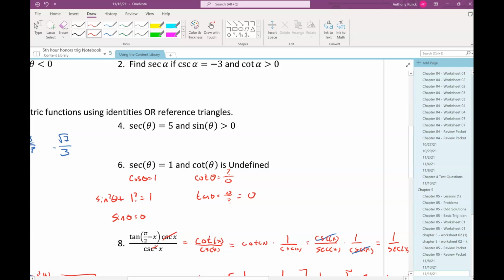And then the reciprocal of that is going to have 0 in the denominator, so that's undefined. So that's everything, right? Cosine is 1, sine is 0, cosecant is undefined, tangent is 0. That's the other 4 that they didn't give us in the problem.